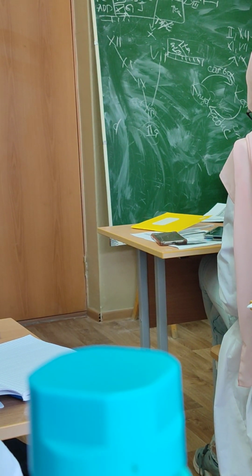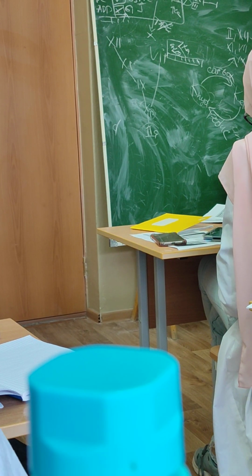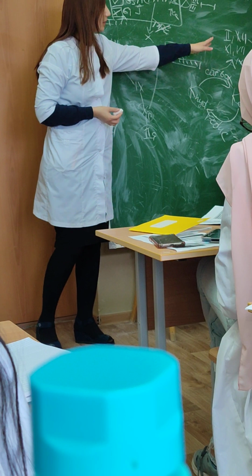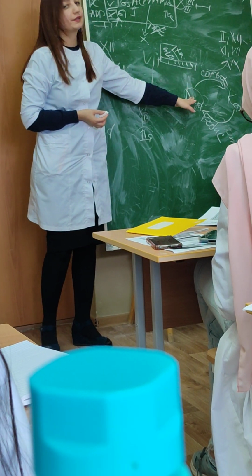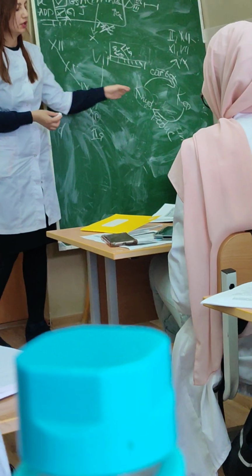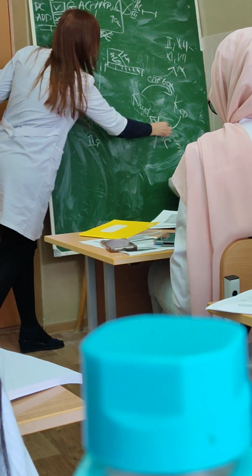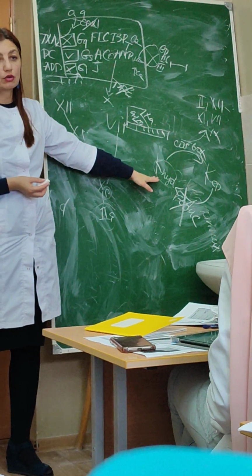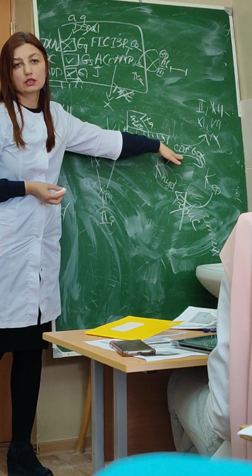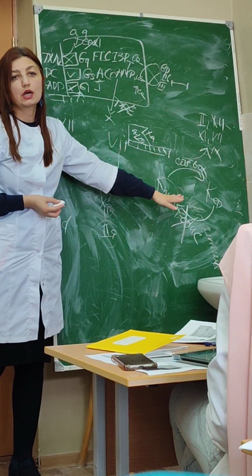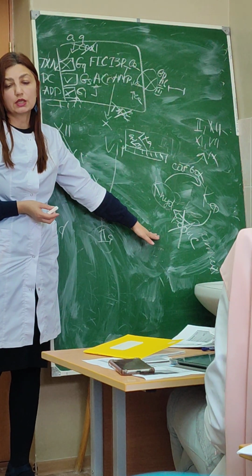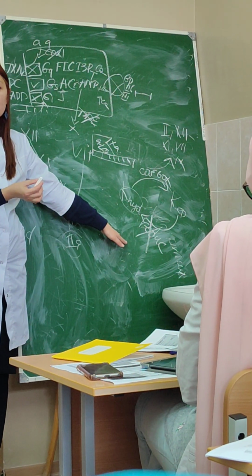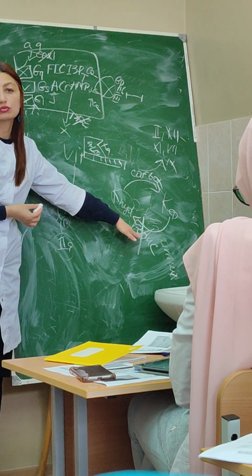Is it clear? Clear. Then we say that to make synthesis of these factors, we need what? Vitamin K, hydroquinone. If we inhibit this enzyme, we will not have hydroquinone and we will not have activated carboxylase. What drug will inhibit? Warfarin. It is an indirect drug which will inhibit reductase.